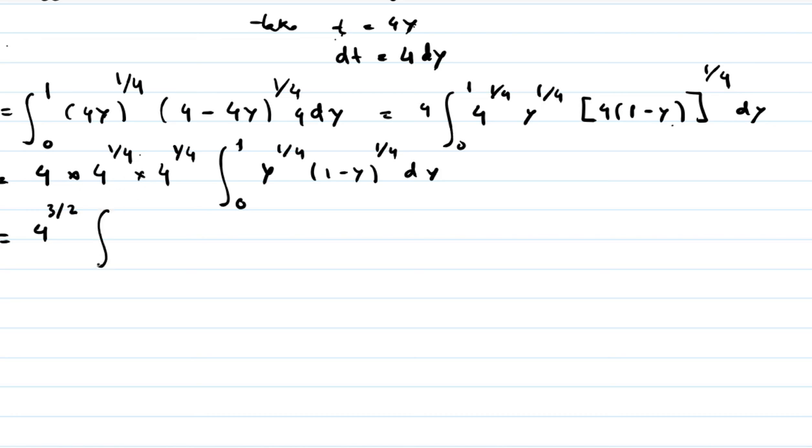Okay, it is equal to the integral from 0 to 1 of y raised to 1 divided by 4 of 1 minus y raised to 1 divided by 4 dy. Okay, so this now obeys completely the definition of the beta function.